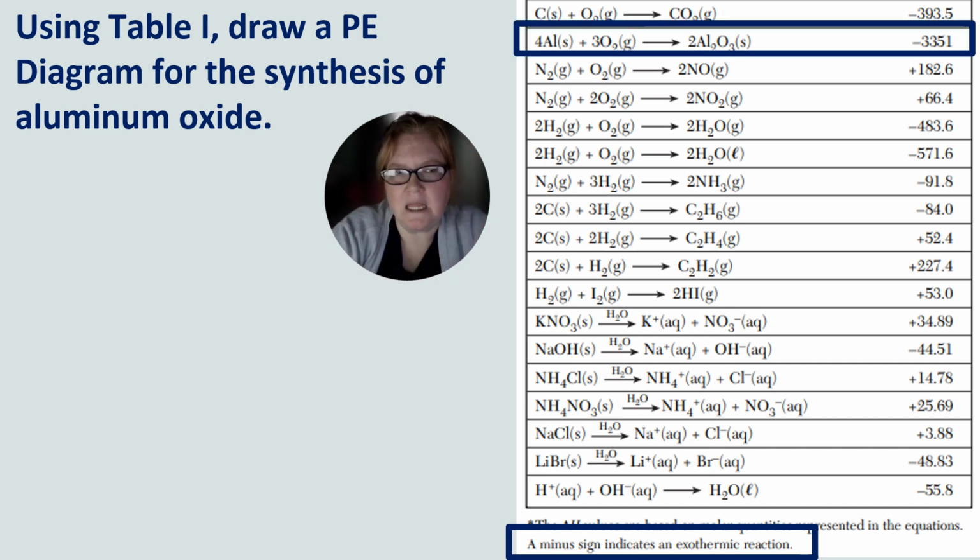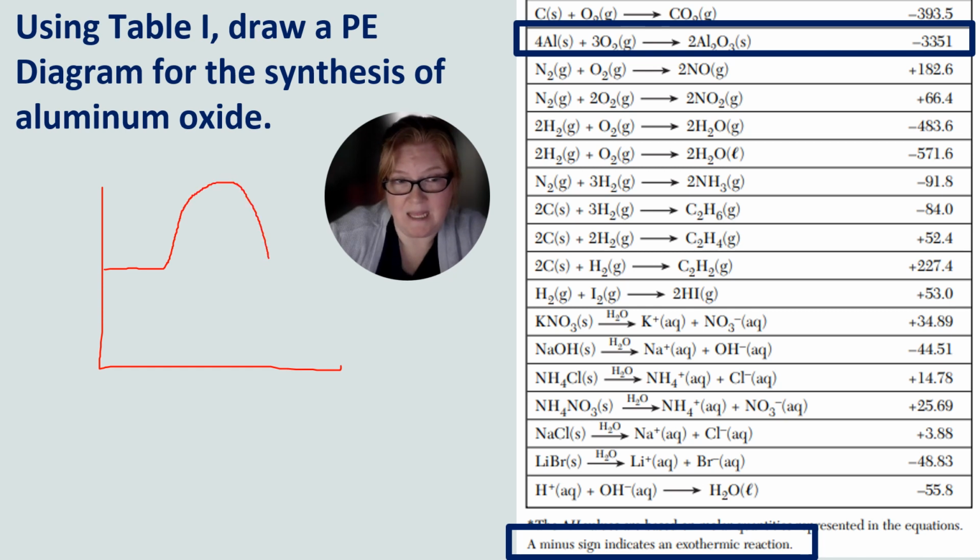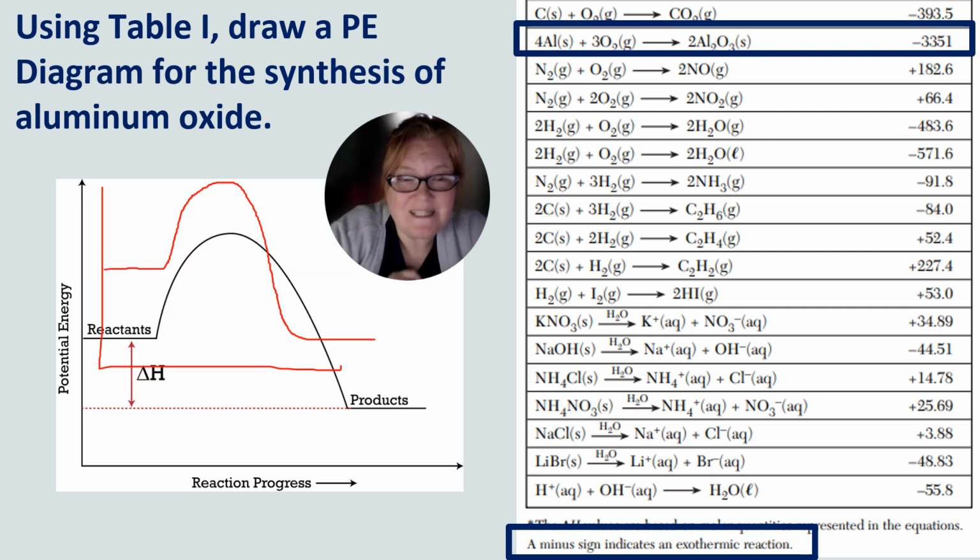So here is the synthesis of aluminum oxide. Look at that heat of reaction. It's negative. So what does that mean? That means when I'm drawing the potential energy diagram, here are the reactants. I have to follow a path where I make a bump that goes up, and then it's exothermic, so it has to end lower. So there's my quick sketch. It has to look something like that, right?